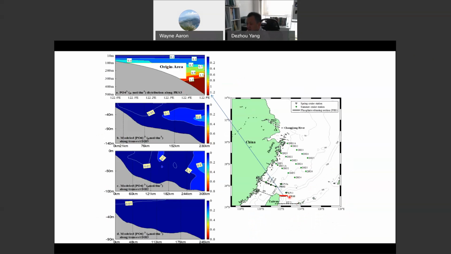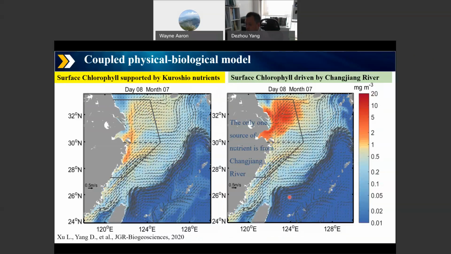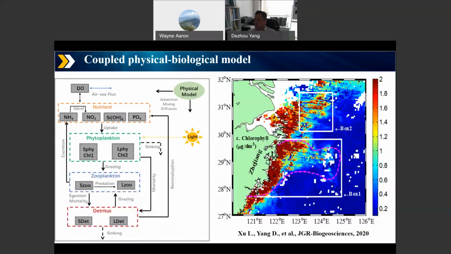We also do a coupled physical biological model. In this model, we included the competition between phosphate and silicon and nitrate and ammonia.